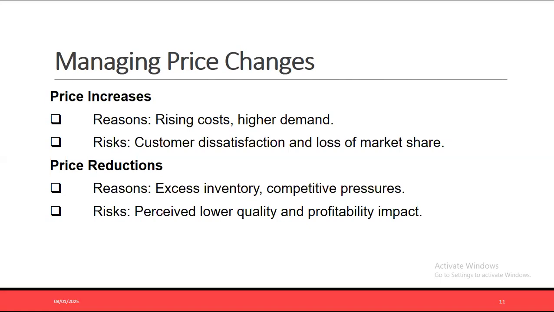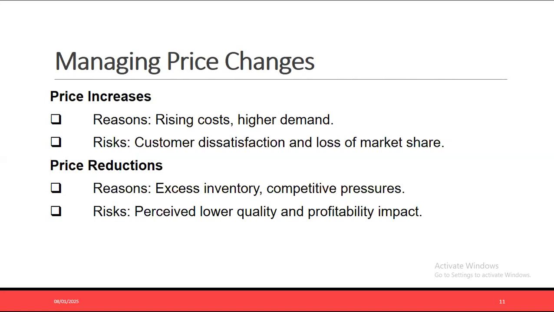When there's a price increase, customers become dissatisfied, and if you are not careful, they will stop buying from you, and you will lose your share of the market to competitors.